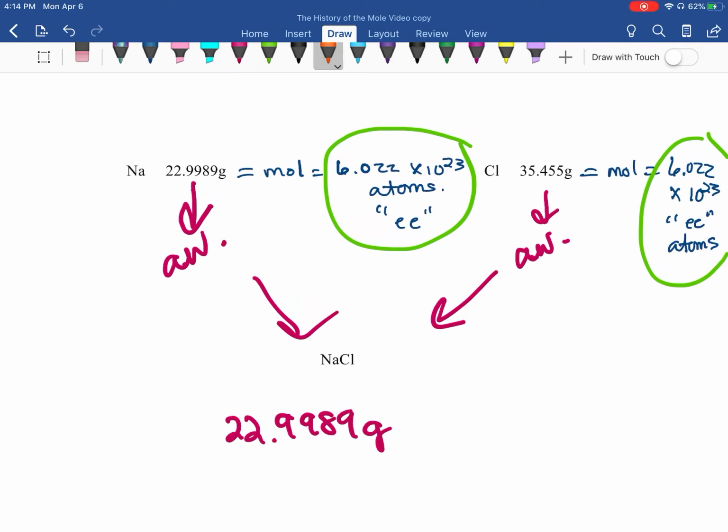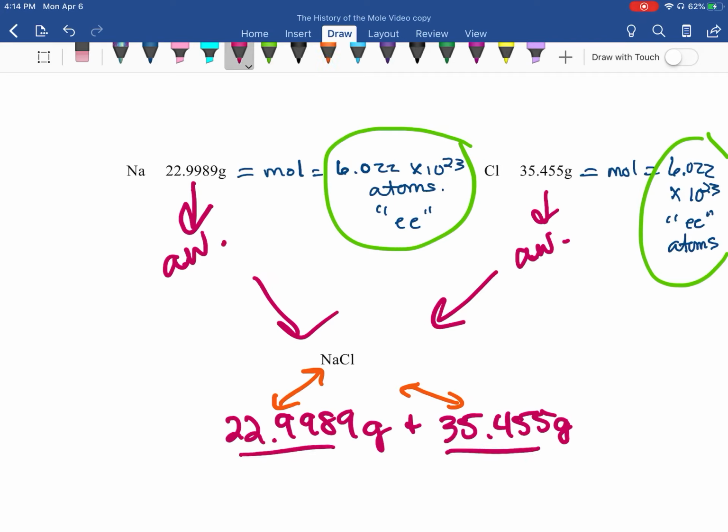Okay, I feel a little orange pen coming on. And then we would mix it with, oh, wrong pen, we would mix it with that 35.455 grams of chlorine. And then Mother Nature does the rest. And what does that make? Literally, you mix these two amounts and you just made sodium chloride.